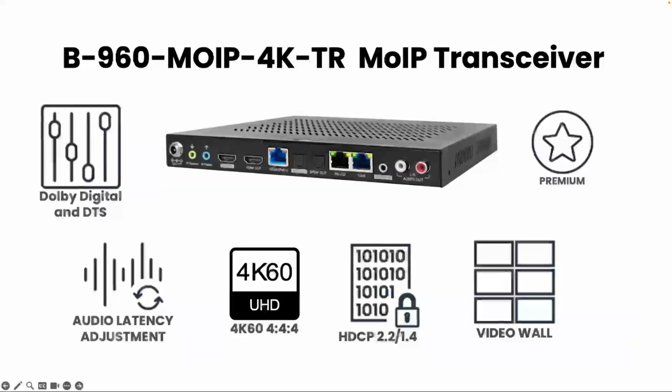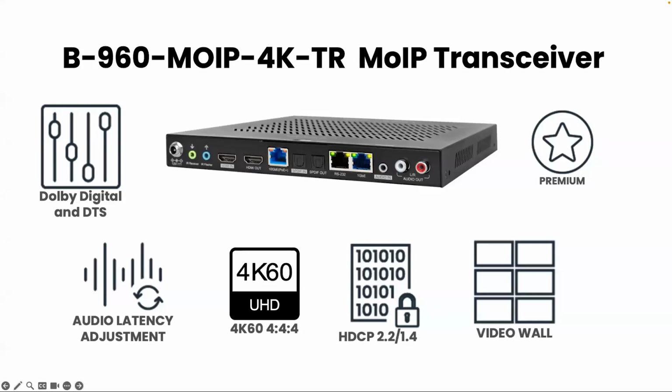So the transceiver, like we mentioned earlier, can send and receive content simultaneously, or it can be used as a dedicated encoder or decoder. It offers ARC capabilities to backfeed surround sound from a smart TV, but as it has an encoder and a decoder within this single chassis, it can also receive source feeds from other transmitters while simultaneously transmitting sources at the display side when they're connected to the HDMI input.